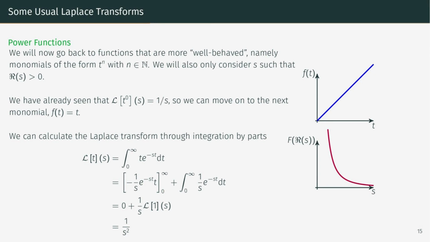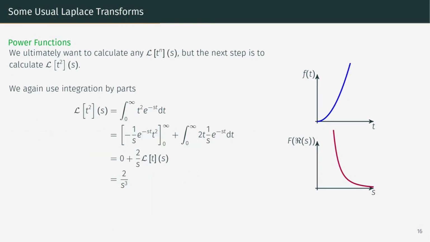Solving this and rewriting in terms of the Laplace transform, we can see that this equals 0 plus 1 over s times the Laplace transform of 1, which we know equals 1 over s squared. The bottom graph here now shows the graph of this Laplace transform for real values of s.